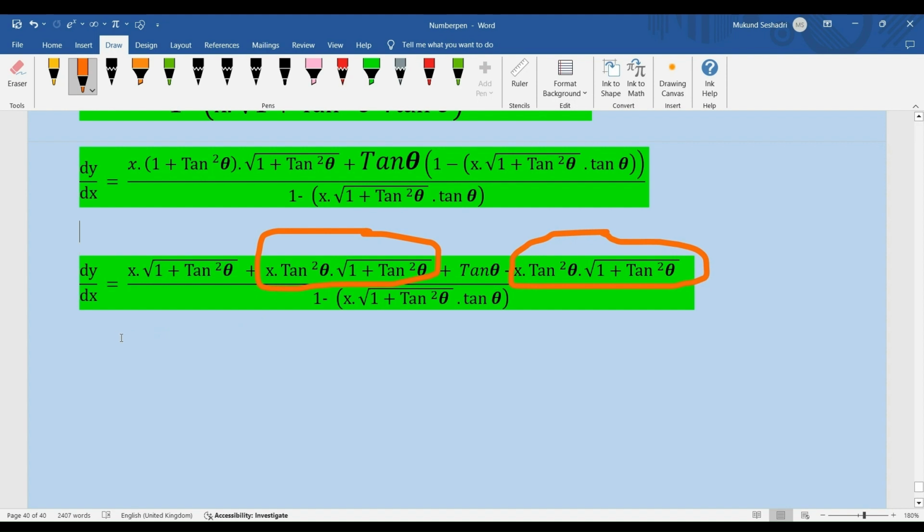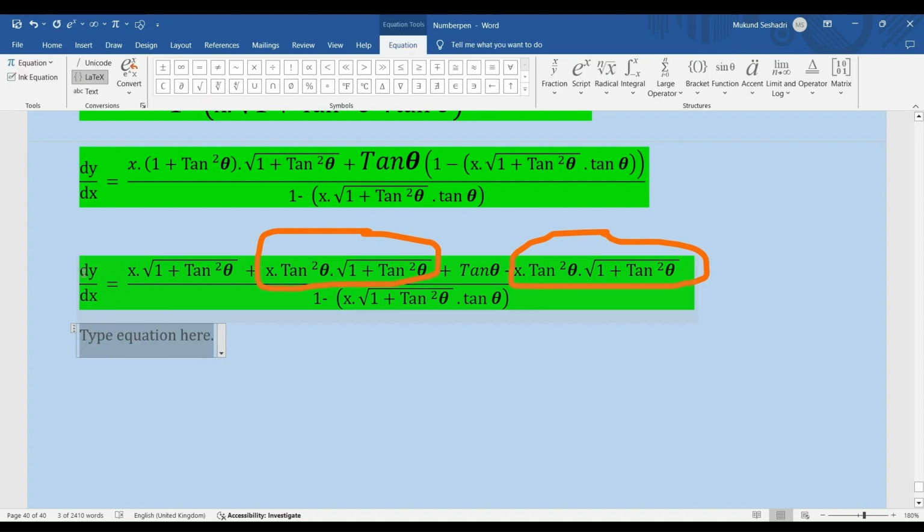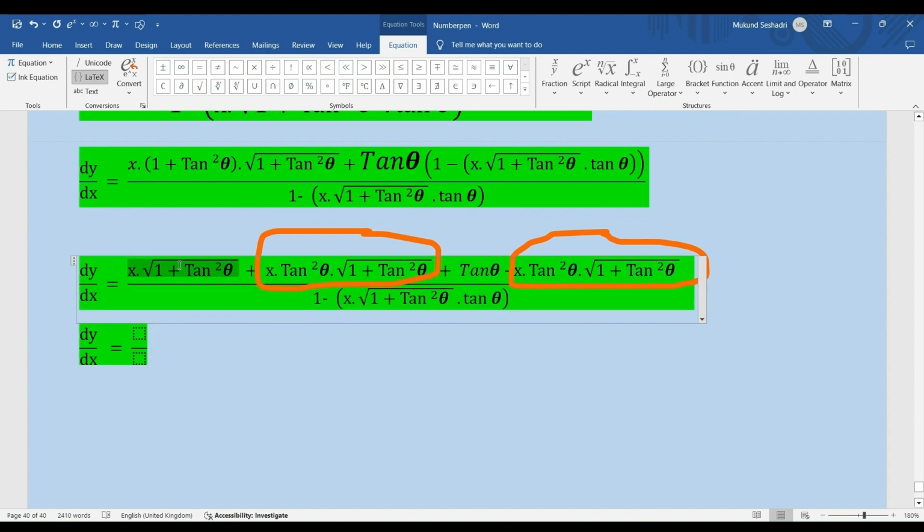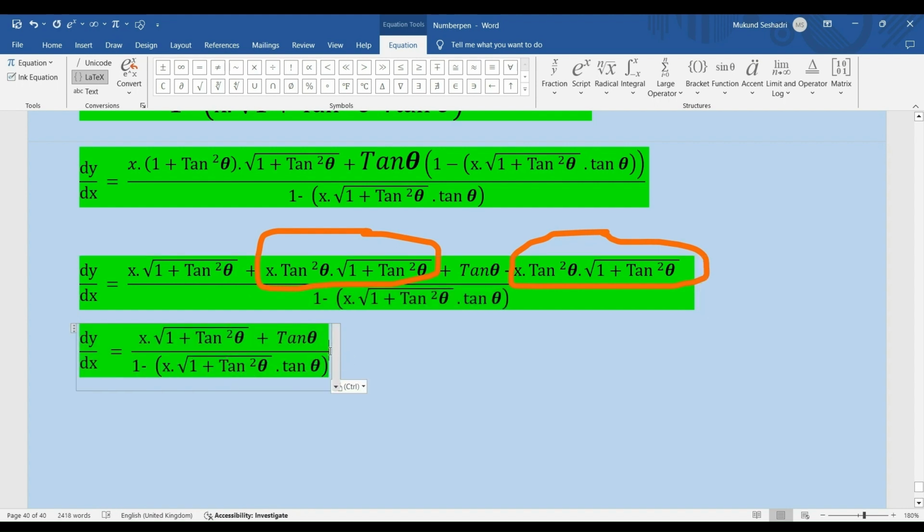And then I'm left with dy by dx equals, and I have to express it in the y by x format. I have x times root of 1 plus tan square theta plus tan theta divided by 1 minus x times square root of 1 plus tan square theta into tan theta, right?